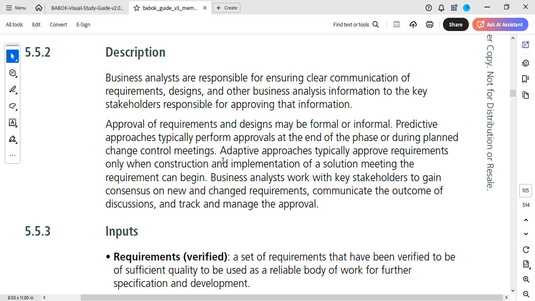So, for example, in Waterfall, you do everything and at the end, you now sign off. But in adaptive, you do it way ahead. Okay. So, business analysts work with key stakeholders to gain consensus on new and changed requirements, communicate the outcome of discussions, and track and manage the approval.